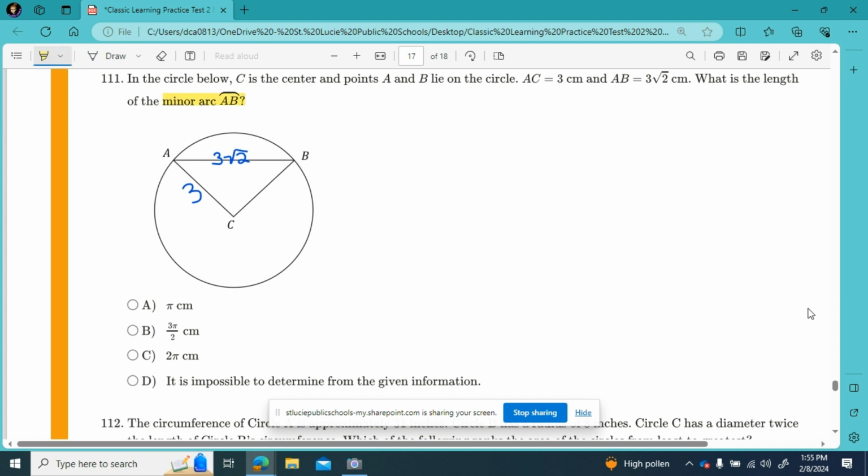So from here to here. If we know what degree our angle C is, then we can use the circumference of our circle and find out what portion of the circle our minor arc is.